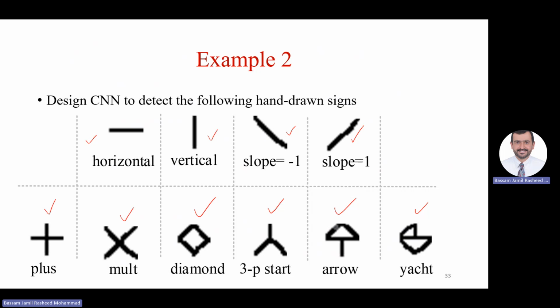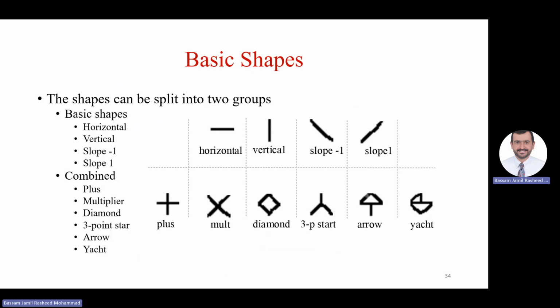Let's see how I can build this neural network. Before that, I need to analyze those signs. It is very obvious to me that I have basic shapes and combined shapes. The basic shapes are the horizontal line, vertical line, negative slope, and positive slope.